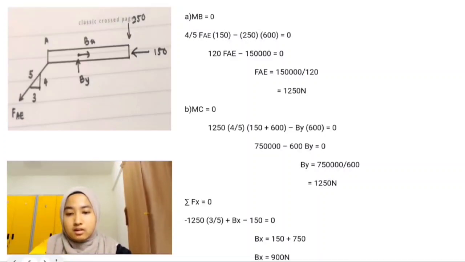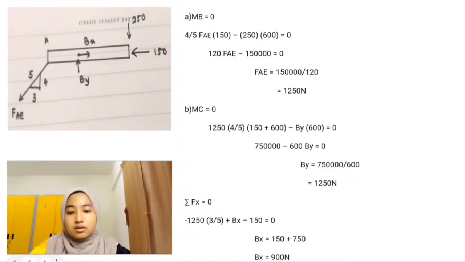For B, we use moment C equals to 0 to calculate the force exerted by pin B. So we just use 1250 multiplies with 4 over 5 multiplies with 150 plus 600 minus By times with 600 equals to 0.